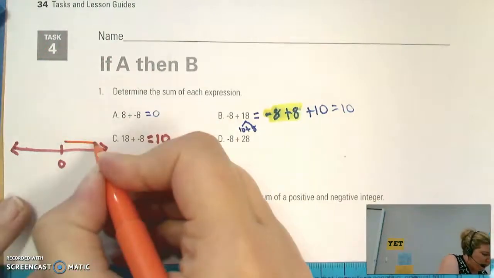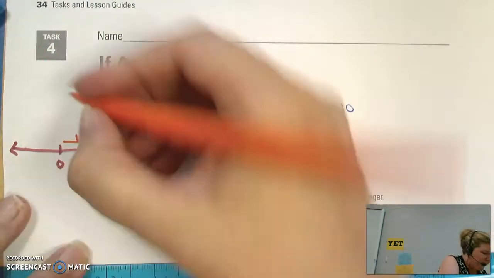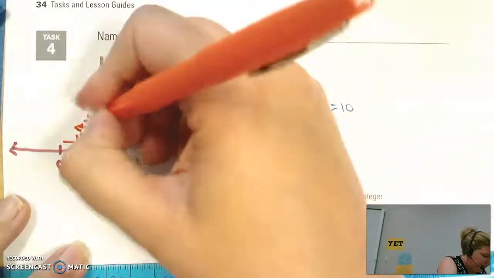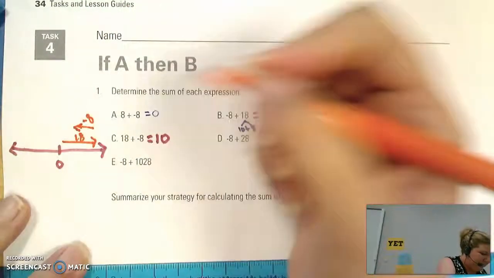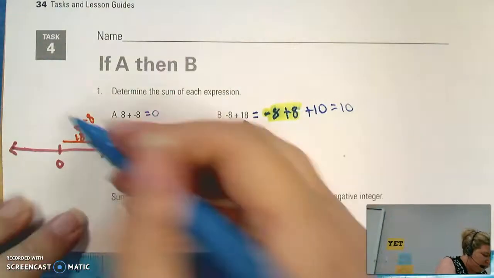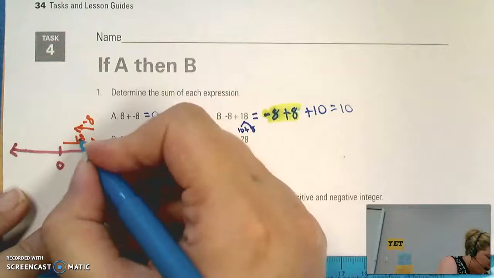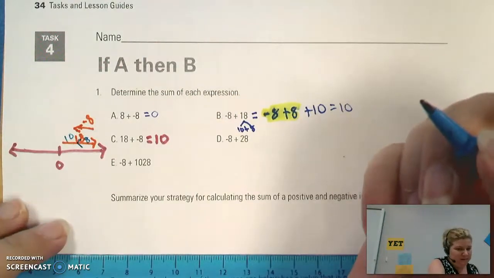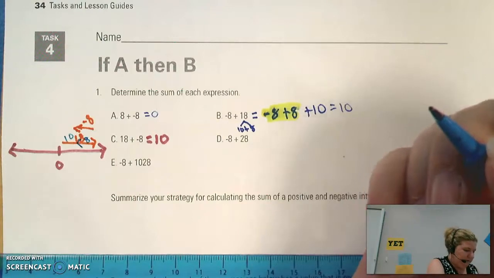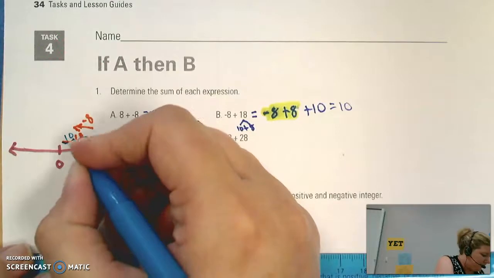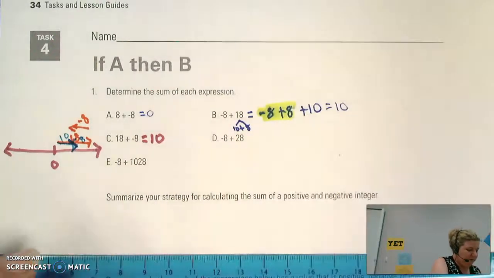So I'm going to go forward 18. And then I'm going to go left 8. I didn't really draw it to scale, but if I broke this bottom arrow here, that would be 8 and that would be 10. It is not drawn to scale. This is the part that represents the answer.